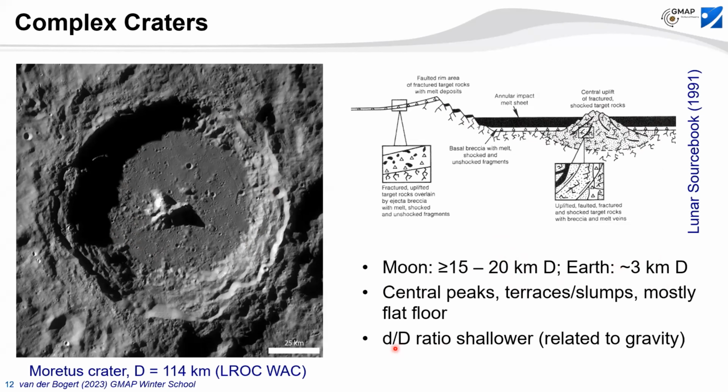Okay, and this depth to diameter ratio that we talked about before is shallower, because this is much more flat, and that has to do with the fact, of course, that it is also related to gravity, because the crater is larger and there's more compensation that happens after the crater forms to fill in that hole, the transient cavity.